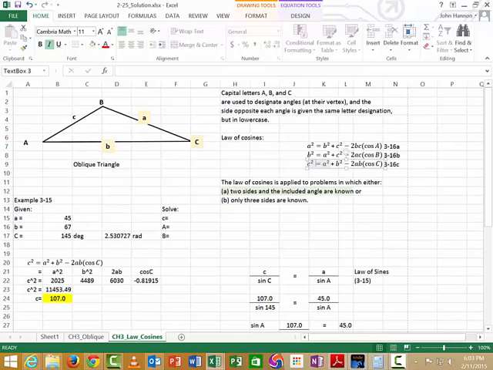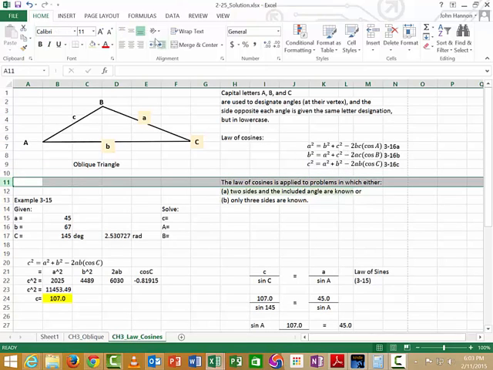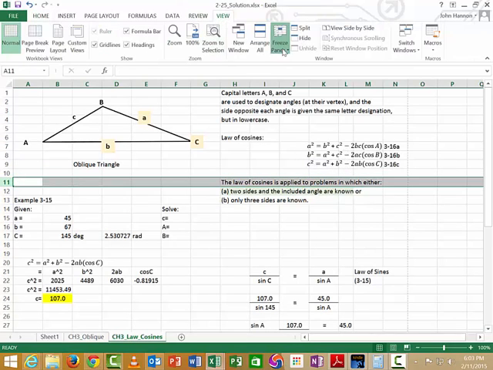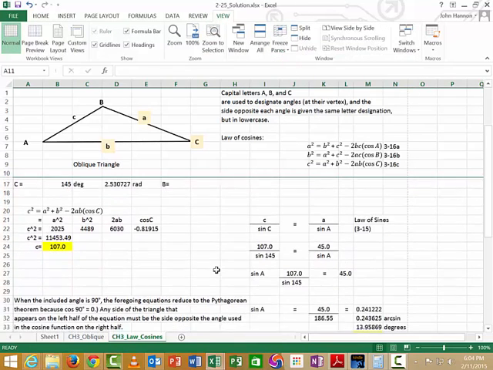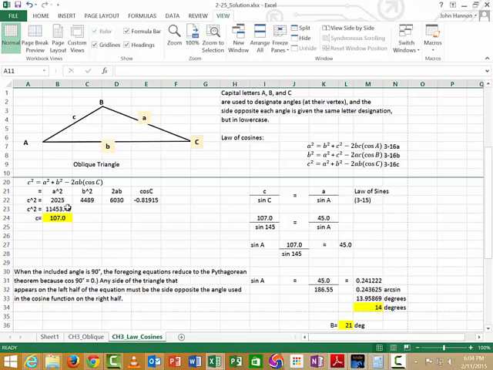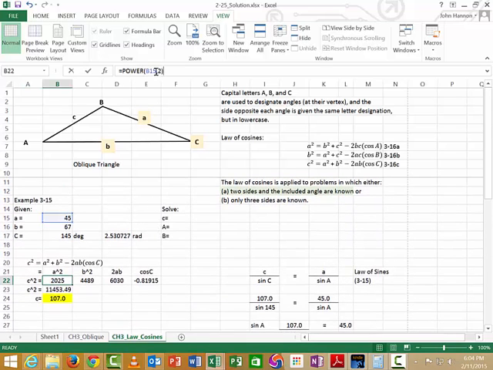I didn't know how to write C squared, so this means C squared, and I took A and squared it with the power formula, so you can see there equals power B15, which is the 45.